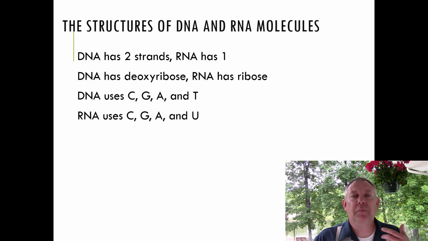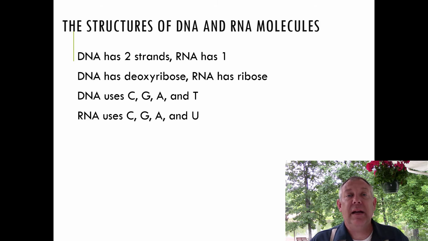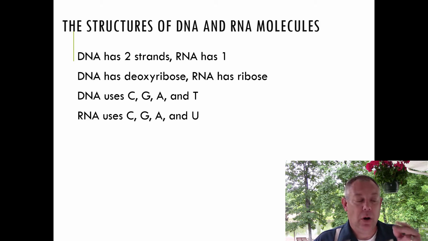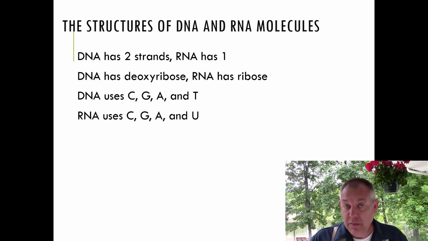So what are some differences between DNA and RNA? DNA is double-stranded. RNA only has 1 strand. DNA uses deoxyribose as its pentose sugar. RNA uses ribose. DNA only uses C, G, A, and T: cytosine, guanine, adenine, and thymine.